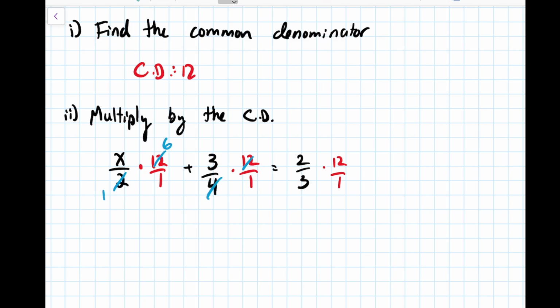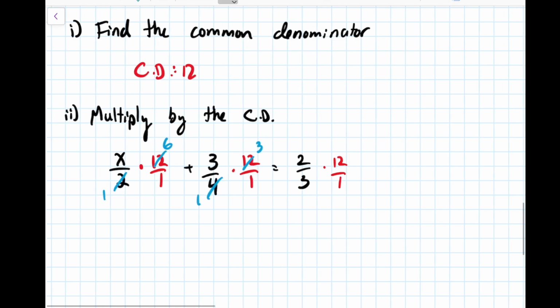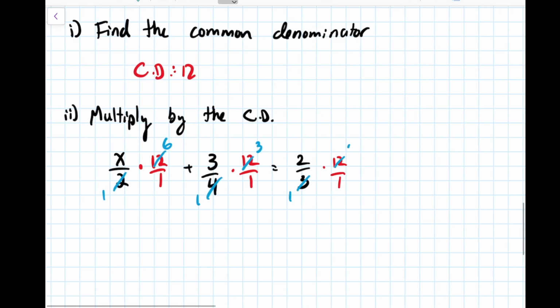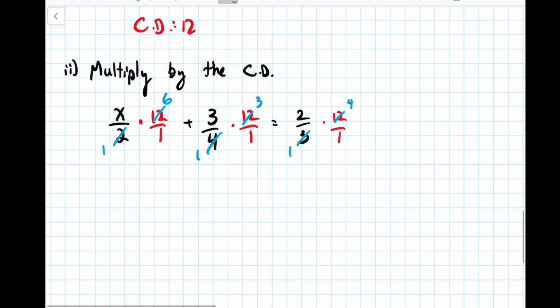The 4 and the 12 are going to become a 1 and a 3, and the 3 and the 12 are going to become a 1 and a 4. And so now, when I multiply all this out, x times 6 is going to get me 6x, 3 times 3 is going to get me 9, and 2 times 4 is going to get me 8.